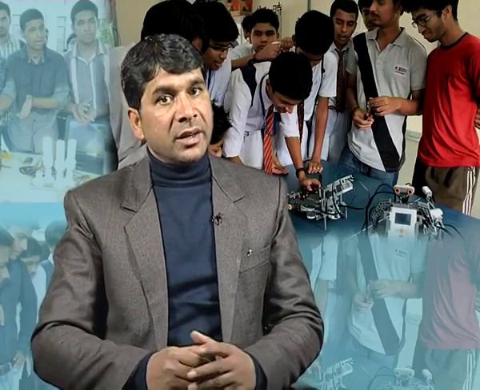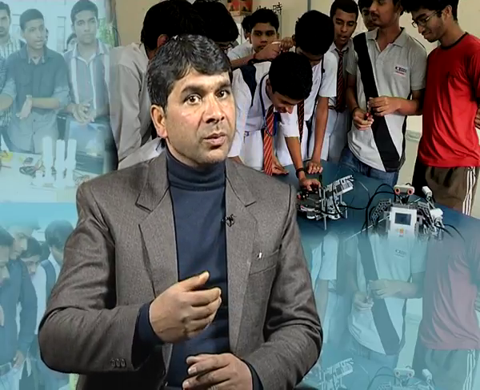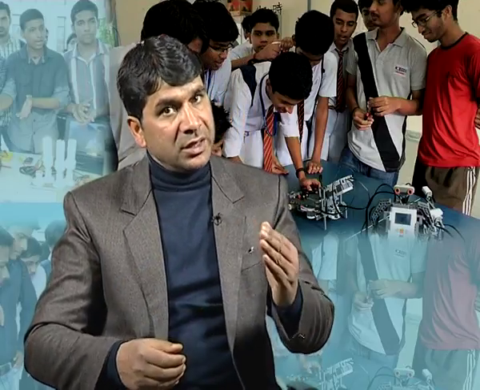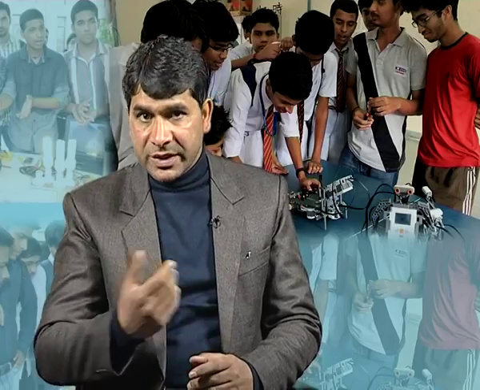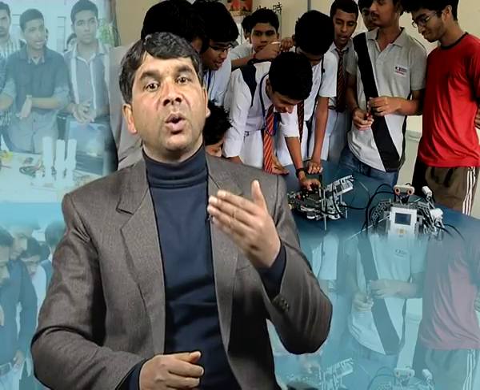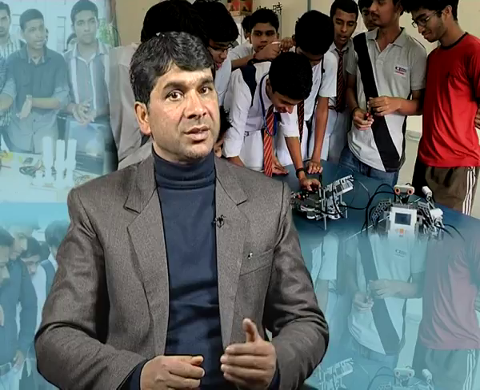An illustrated lecture involves the use of pictures or other materials to illustrate relationships. Slides, moving pictures, charts, specimens or models are often used. No tools, physical materials, machines or appliances are manipulated in the teaching process.